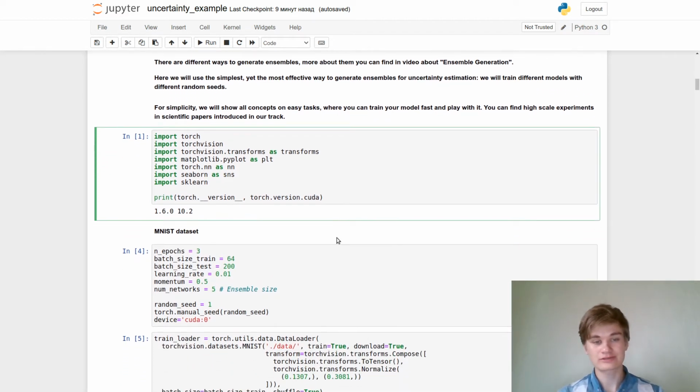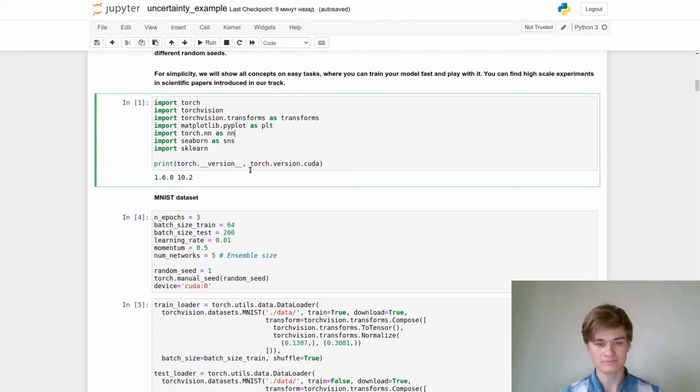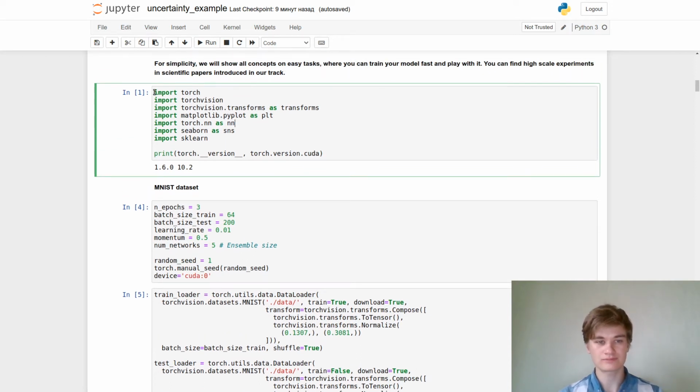Okay, let's start. I'll show you how to use uncertainty estimation techniques in your code. We will use PyTorch and some usual Python libraries.